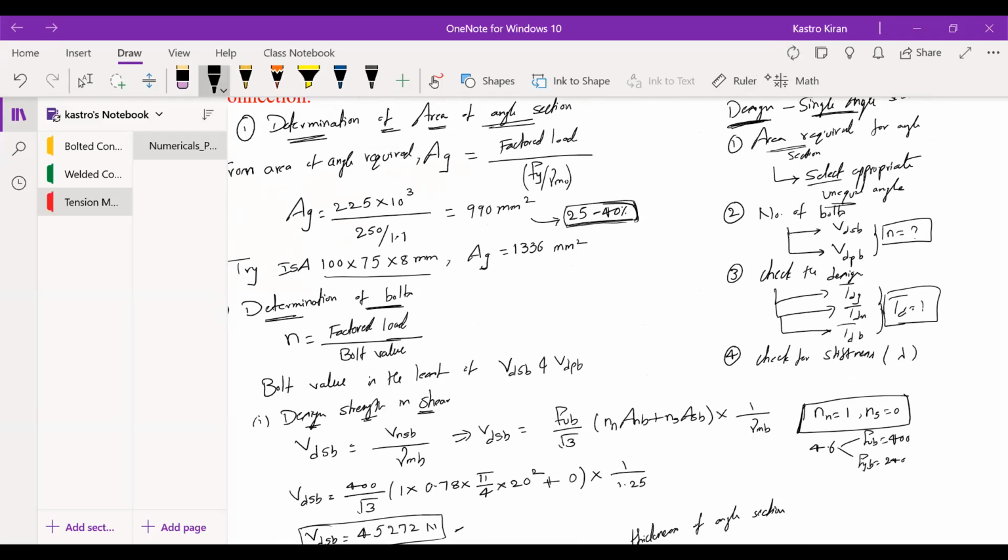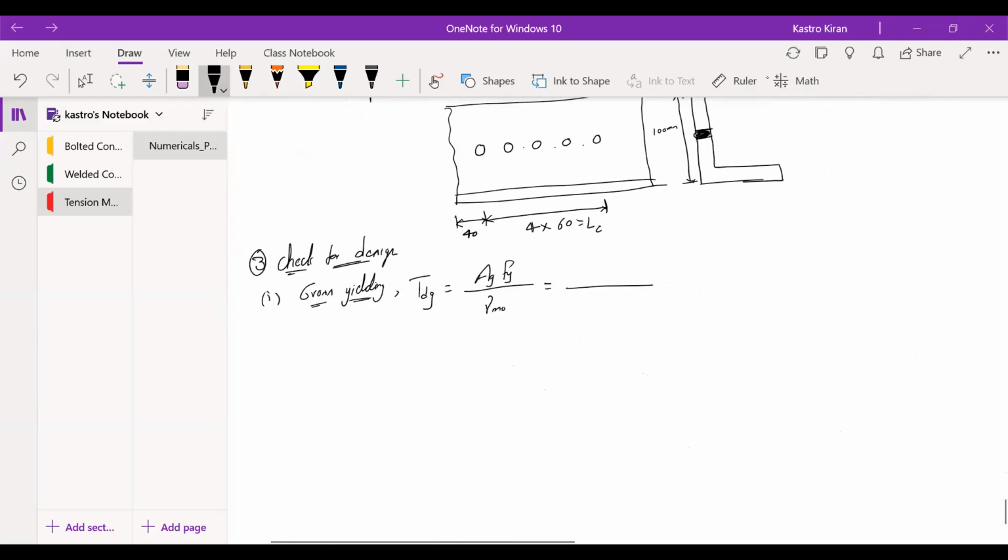So let's take AG equals 1336, that is the gross area, into Fy of 250, with gamma m naught of 1.1. If you solve this, you will obtain 303.6 kilonewtons. Or you can make it in newtons also, that's not a big problem, 303,600 newtons.